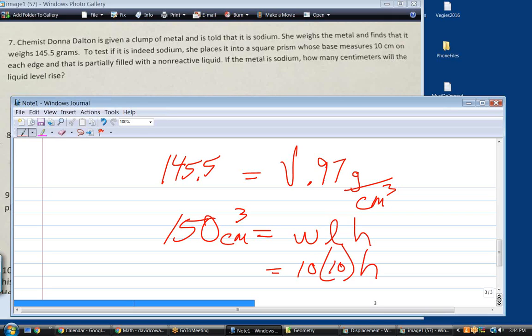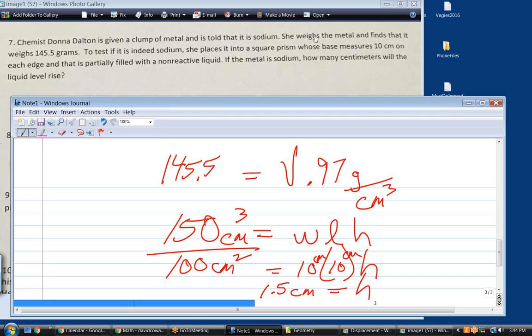Notice that that's 10 centimeters, that's 10 centimeters. So to solve for h, we're going to divide 150 cubic centimeters by 100 square centimeters, and we end up with 1.5. 1.5 centimeters is how much the water should go up.